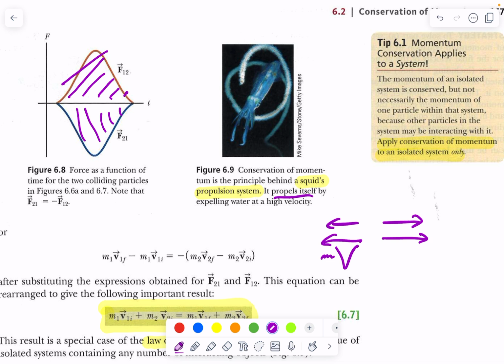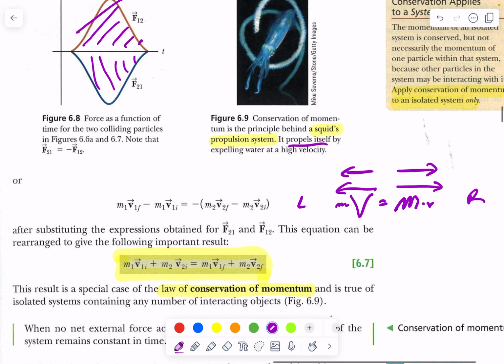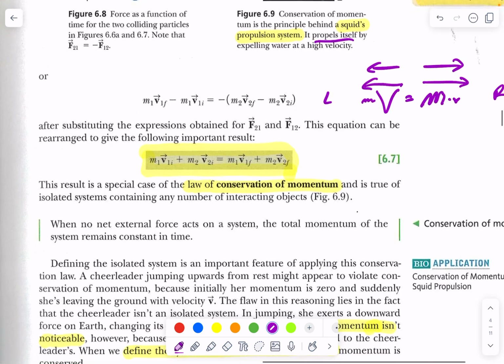And the rocket itself is going to have a huge mass, and so its velocity is going to be very, very small. But again, the momentum this way towards the left equals the momentum towards the right. So a rocket can go through space. In a sense, the rocket is pushing off of the gases that it's expelling.